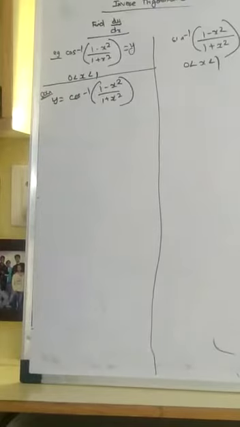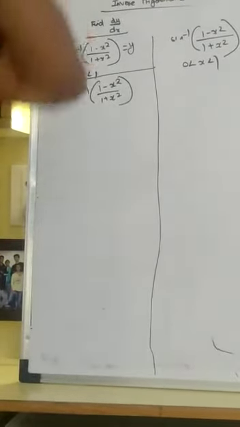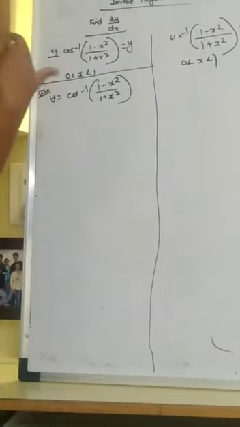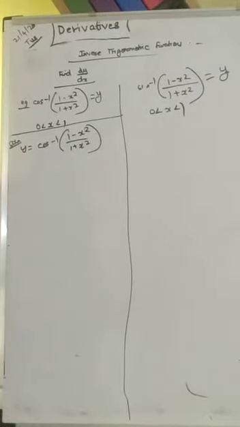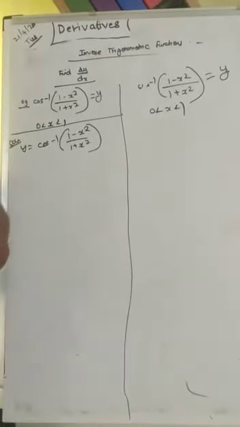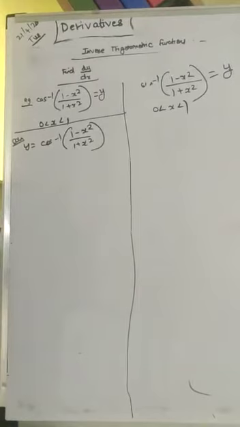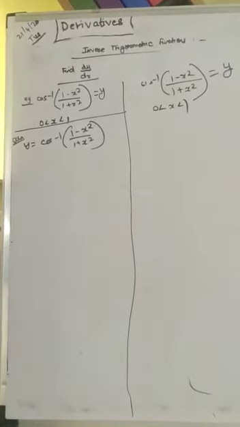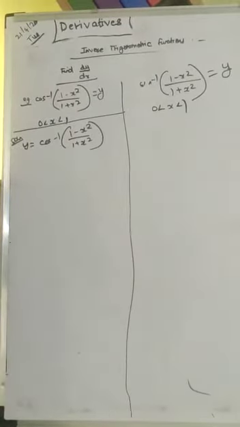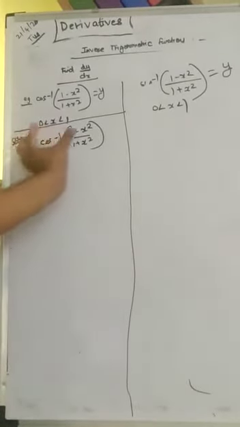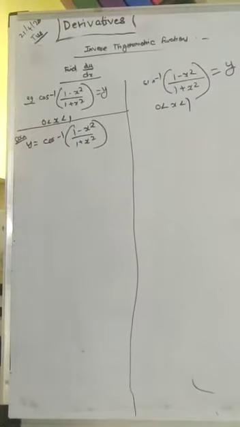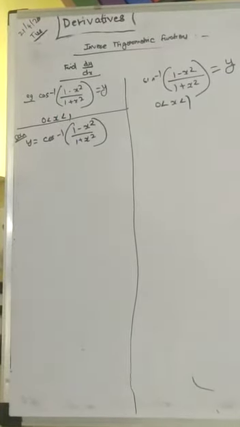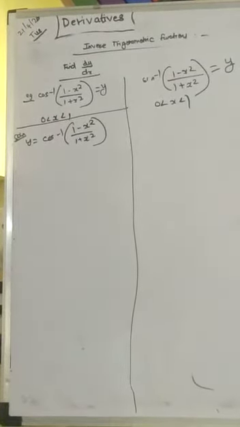Last time around, we saw 2x upon 1 plus x square, and compared it with 2 tan theta upon 1 plus tan square theta, which is sin 2 theta, and we got sin inverse sin 2 theta, which became 2 theta. Here, I have a cos inverse, so it is in my best interests to make some trigonometric value of cos within, because I know cos inverse of cos of anything is that thing.